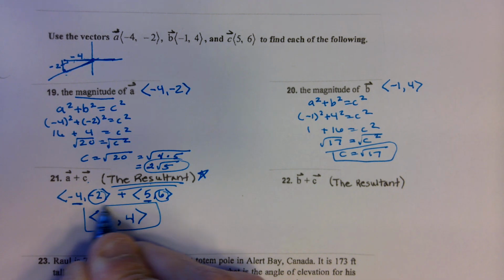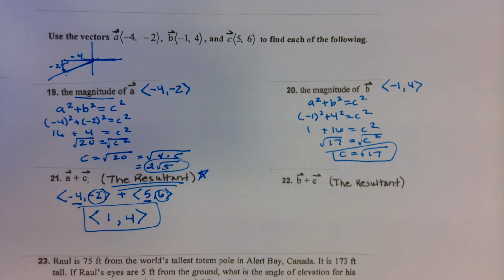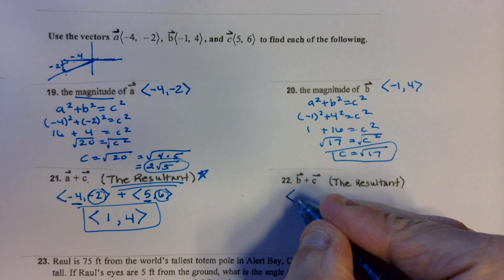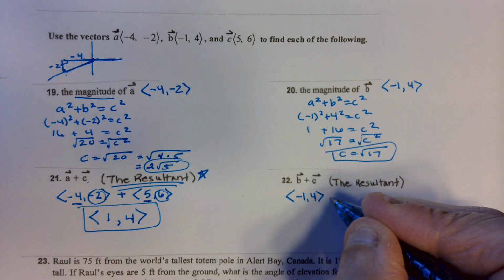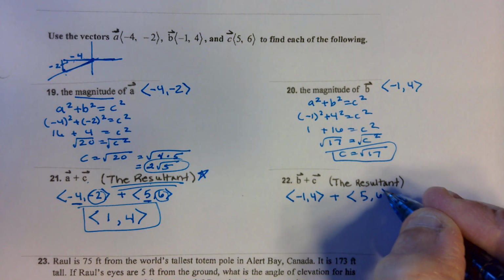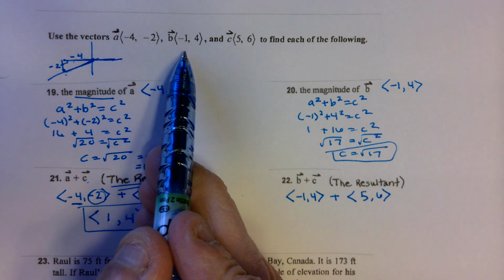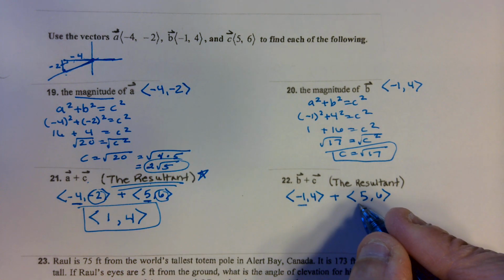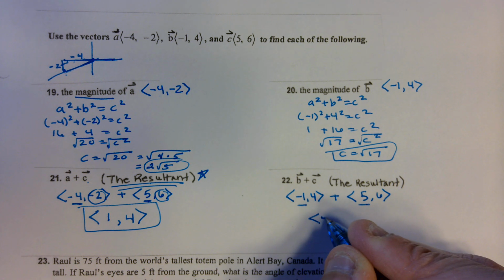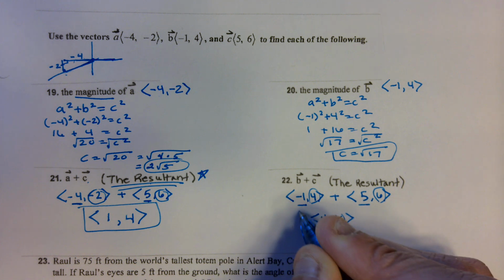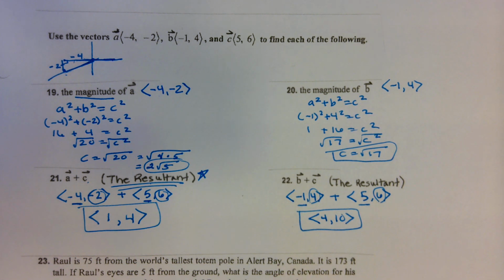And making sure you don't make silly mistakes, okay? Find the resultant again, B, C. I'm going to double check to make sure I didn't copy anything wrong, always being meticulous on a test. Adding my x's and adding my y's. And that is all she wrote for that.